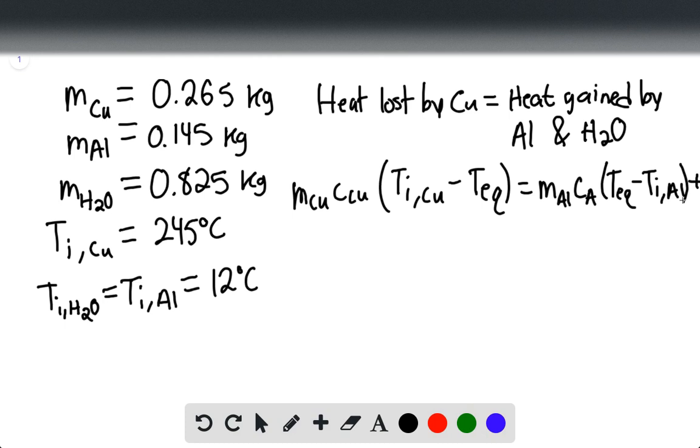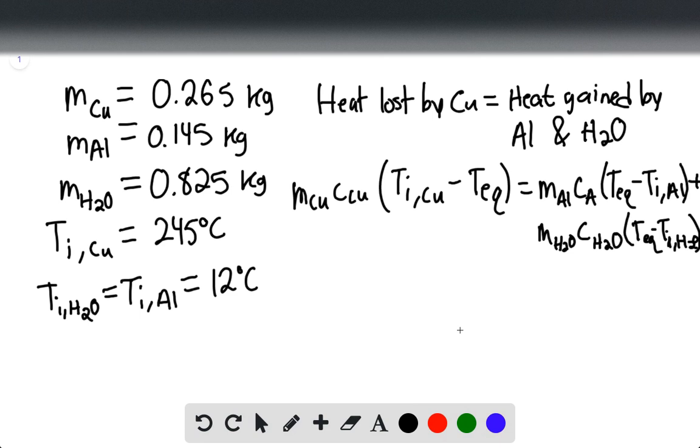And this will be plus the mass of the water, let's say mass of H2O, times the specific heat of water, and then we'll say T equilibrium minus TI of H2O.